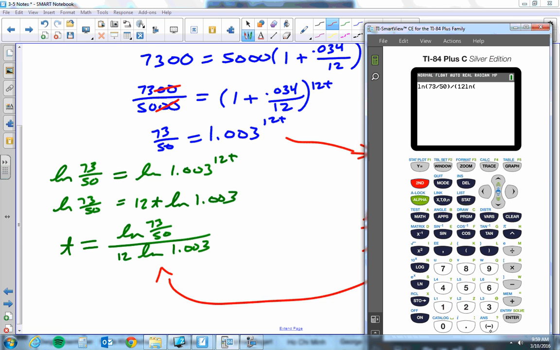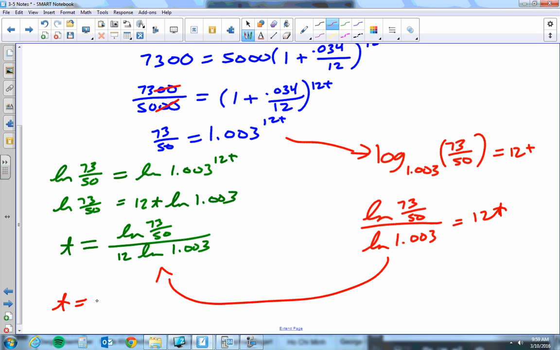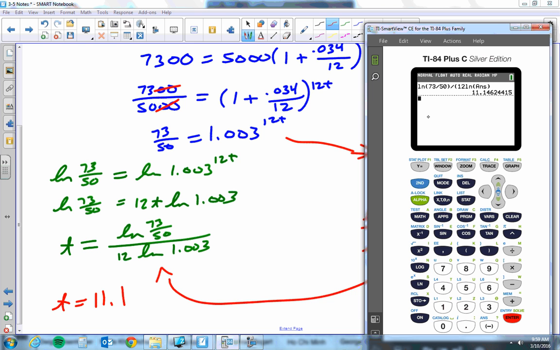I cleared memory when I shouldn't have. Well, I didn't clear memory, I just cleared the screen. The second answer should still be there. It is. I wanted to use what was still sitting in the calculator, the thing that rounded to 1.003. Unfortunately, it was still there. You should have gotten that answer.